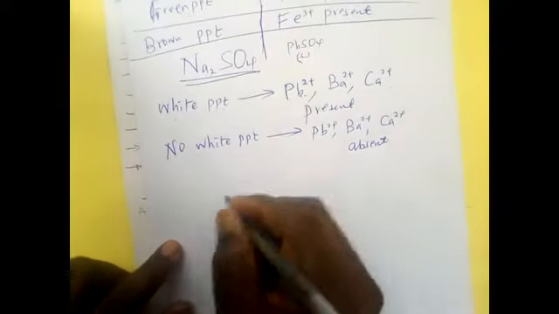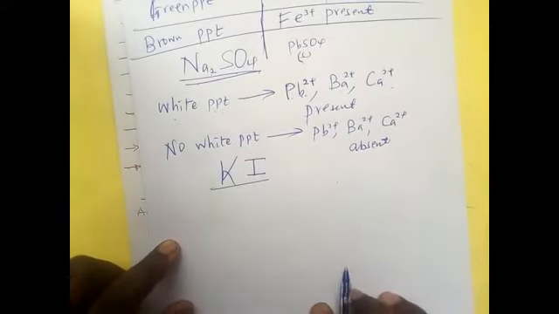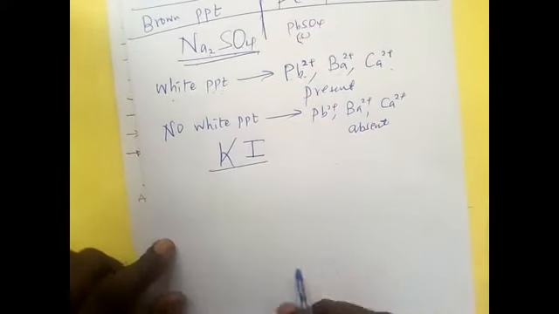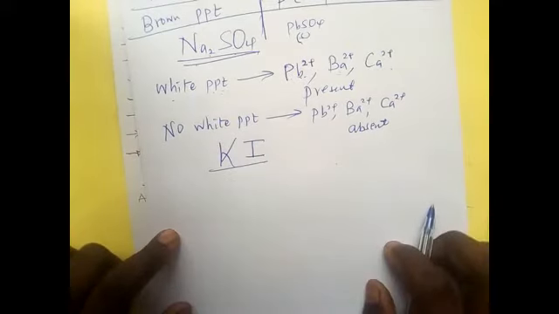Now the next reagent I want to use is potassium iodide. Potassium iodide is used to test for lead ions, especially lead.